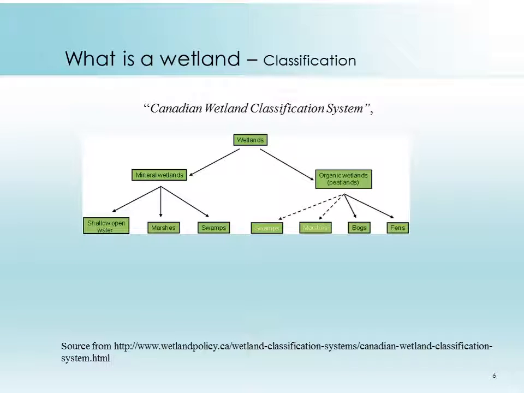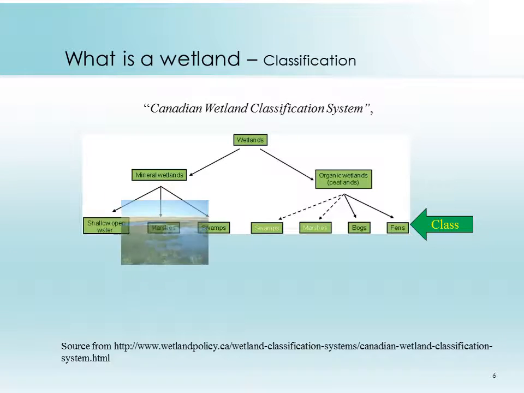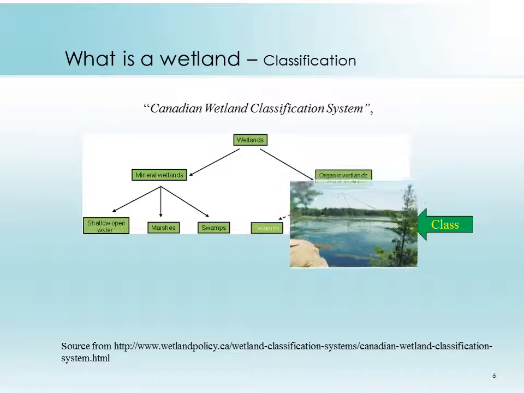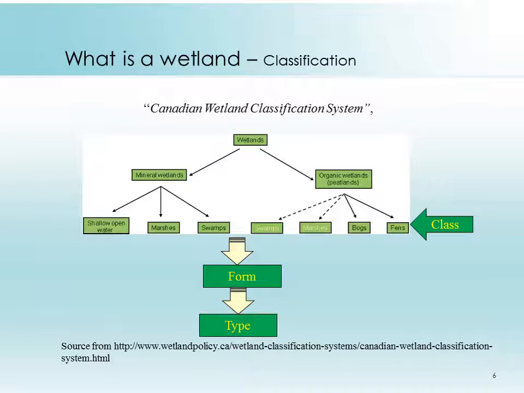According to the Canadian wetland classification, wetlands can be divided into 5 classes. First is shallow open water. Second is marshes. The third is swamps. Then bogs and fens. Then classes can be divided into forms and types.